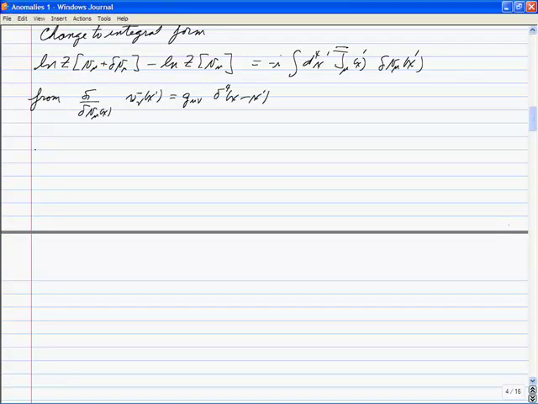Now we choose delta v mu to be minus d mu epsilon of x.